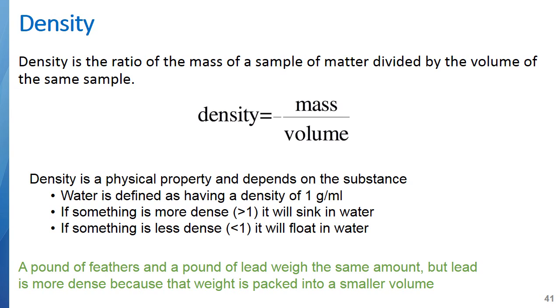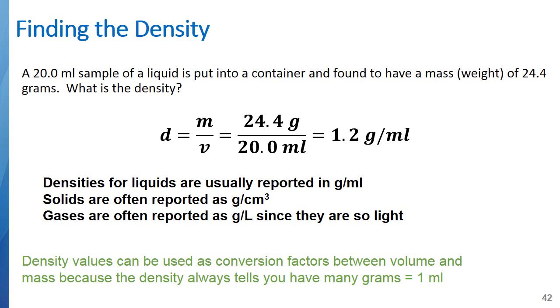Density is a physical property. It describes a particular substance. Water is actually defined as having a density of 1 gram per milliliter. And so if something is more dense than water, it should be greater than 1 and it'll sink. If something is less dense than water, it will be less than 1 and it will float.